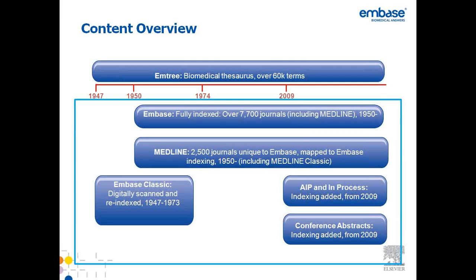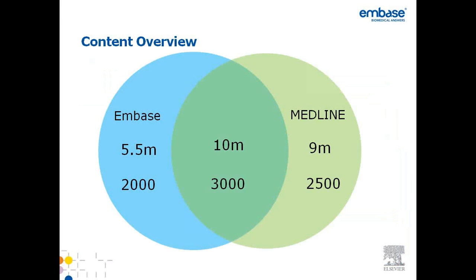And when I say including Medline, we add the unique Medline to Embase, about 2,500 journals. Articles in press and in process records are added. This makes sure that you can retrieve the information as soon as it is available. And we also add a very important content source, conference abstracts. So these are all part of your search in Embase.